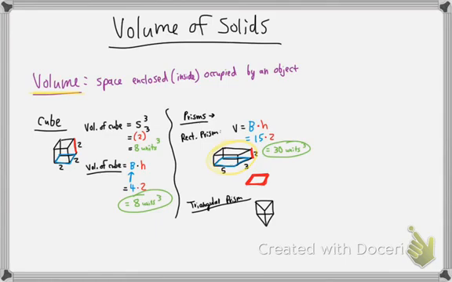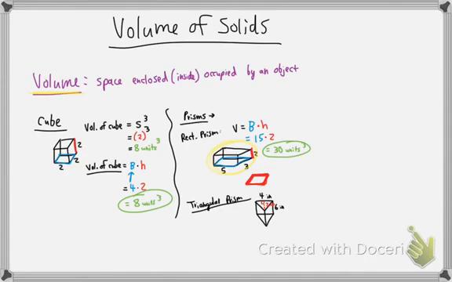So let's say it has a height of 6 inches. Let's say this top number is 4 inches, and let's say the height is, let's say that's 2 inches, okay? I want to know the volume.